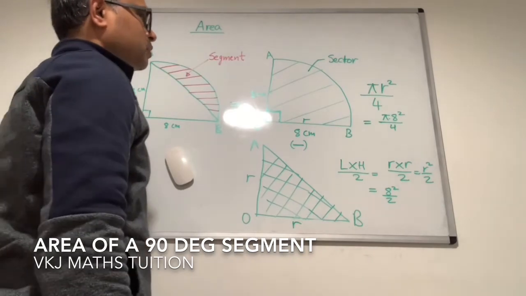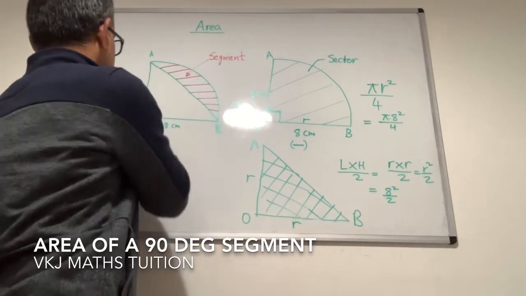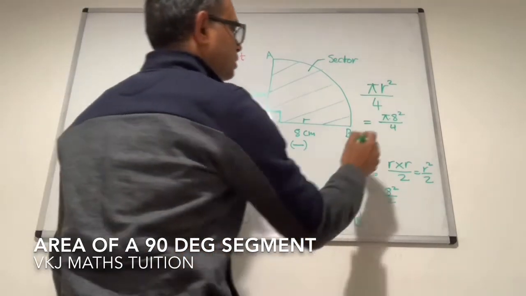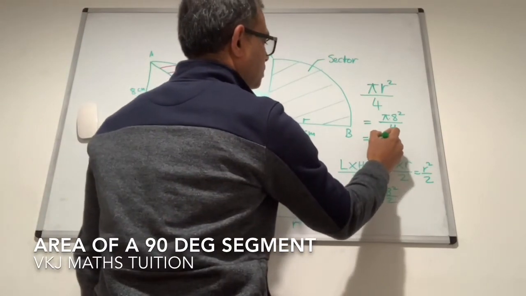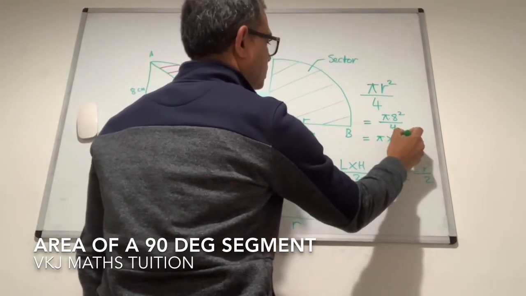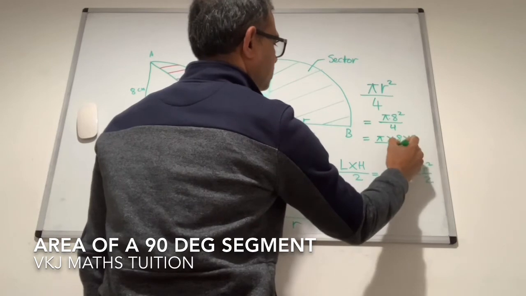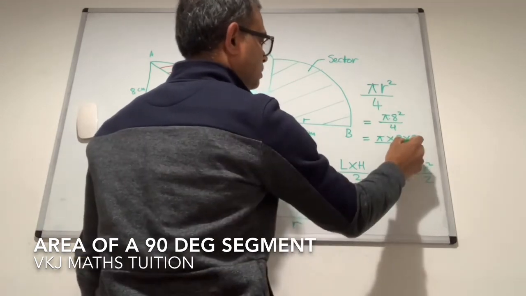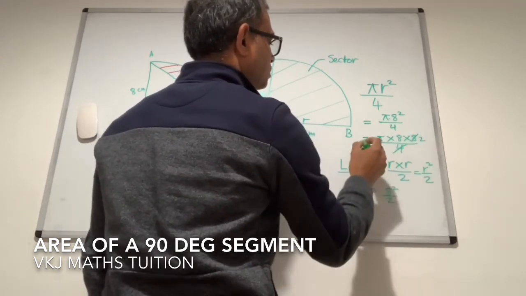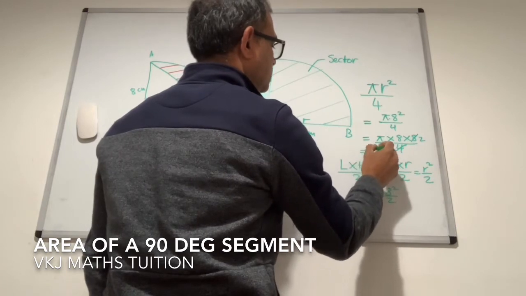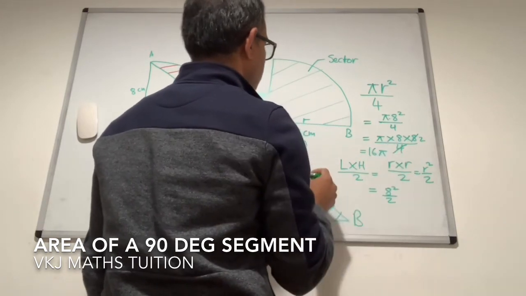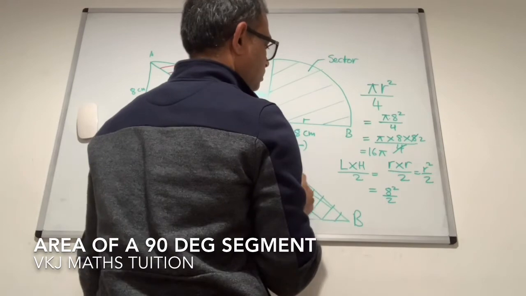And then whatever you get, minus. Finally you will get pi into 8 squared, 64, divided by 4, you get 16. So finally you would get 16 pi. That is for the sector.